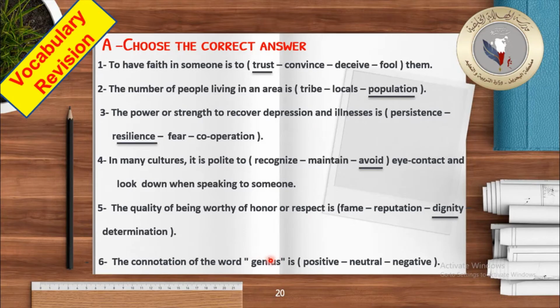What this word expresses to you. So if it's a good adjective, it would be positive. If it's a negative one, it would be negative, of course. And some words are neutral, maybe, but this one, genius, of course, is positive. Positive, meaning very clever or intelligent.